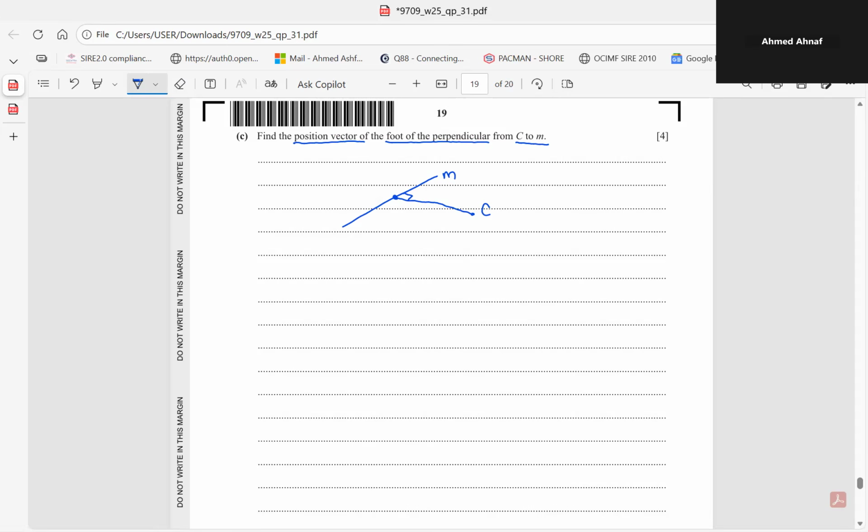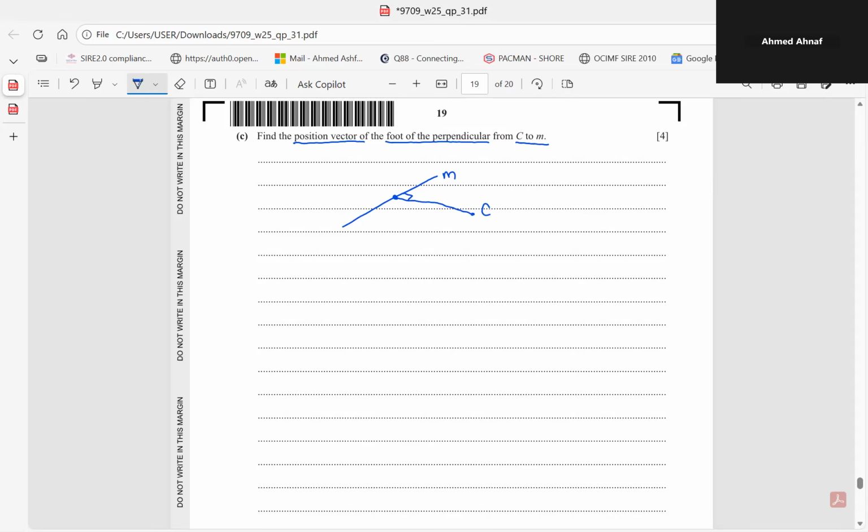It's basically the intersection of the line perpendicular to M, joining with M at C, and the intersection point is the foot of the perpendicular. So we have to find this basically.